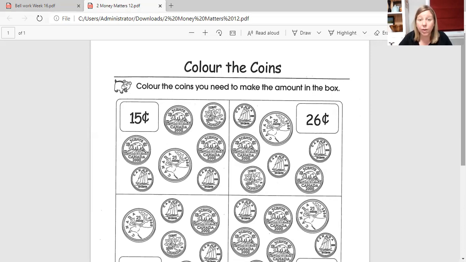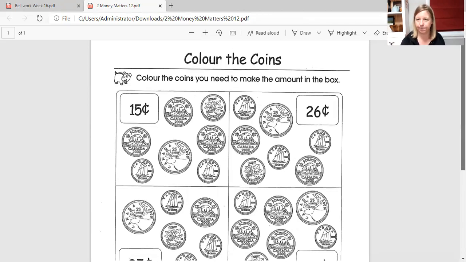There's more than one right answer, but be careful to not color in too few and be careful to not color in too much. We're not going to be practicing making change today, so only make the exact amount that is listed in the price tag.